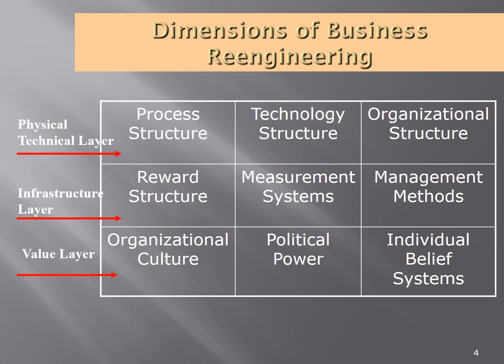Why do we as managers, owners of the business, need to understand each of these layers and their dimensions? It can formulate a successful project strategy. Because you need to understand each of the dimensions to get the clear picture of what we need to do for our business improvement or the radical change.